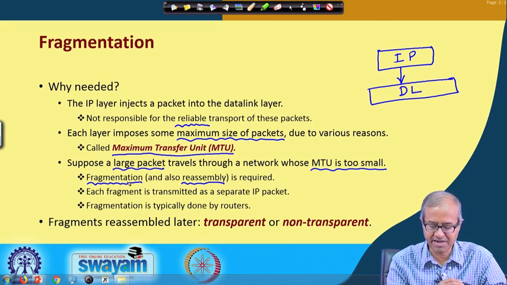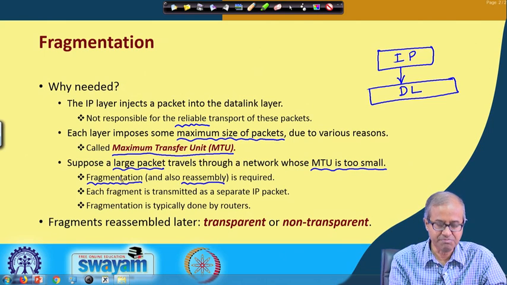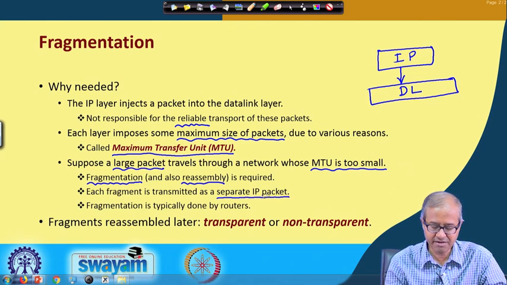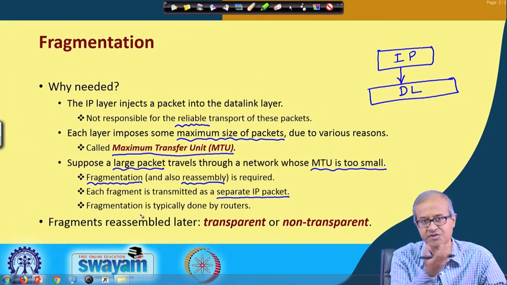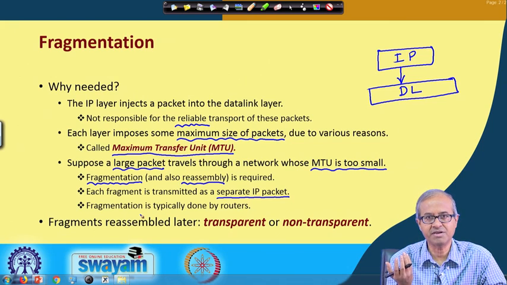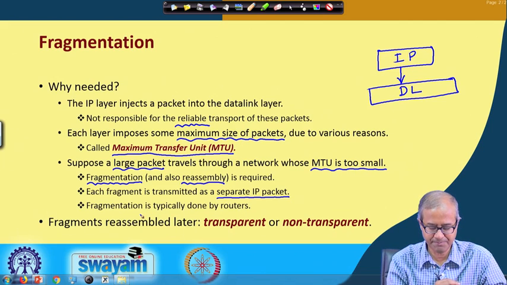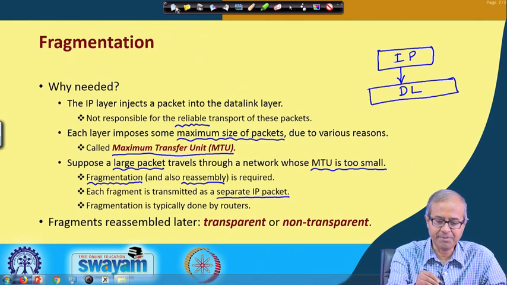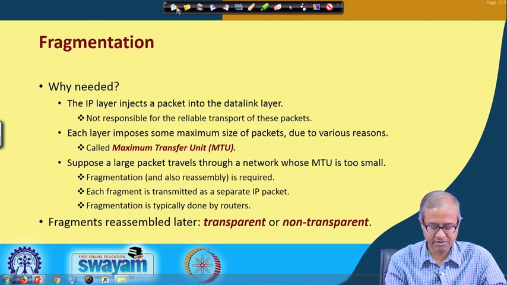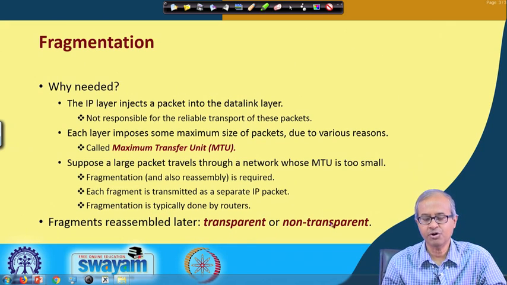So, fragmentation and reassembly, and each of these fragments that are created, they are treated as separate IP packets and are transmitted separately. And this fragmentation is typically done by the routers when it receives a packet from some other network and wants to route it inside the network or maybe to the next network, right. When you are doing fragmentation and reassembly, the process can be transparent or non-transparent. This we shall be seeing in some detail.